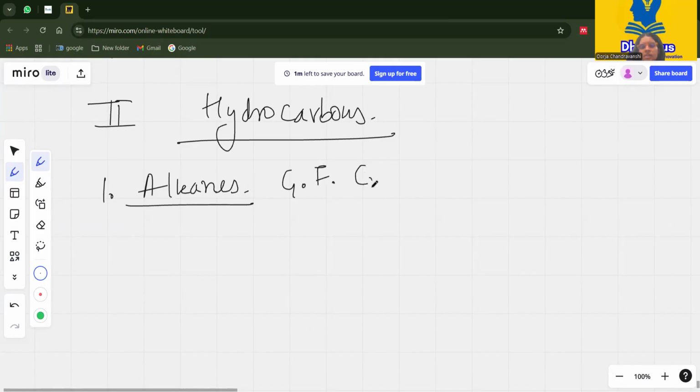It is CnH2n+2. What is n here? n can be any integer. So the first process, and the only process that we'll be seeing in this, is free radical substitution reaction of direct halogenation.